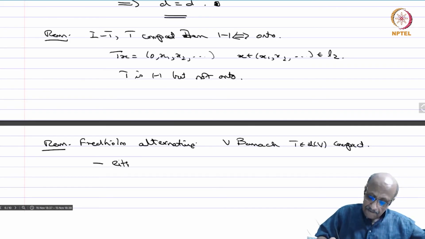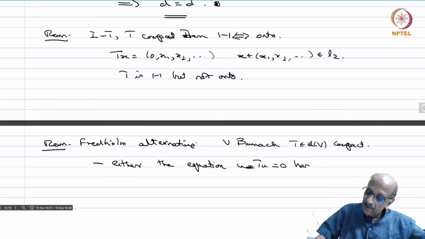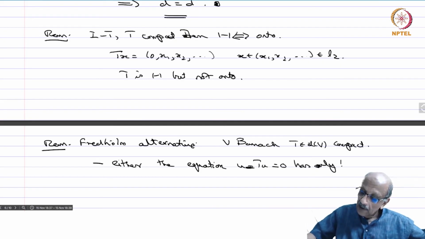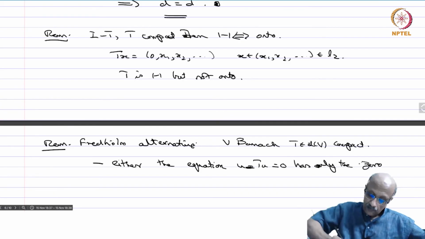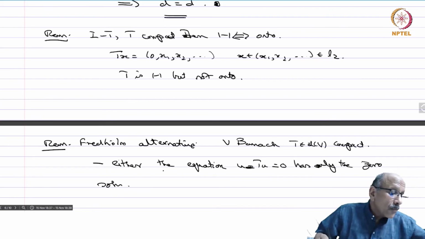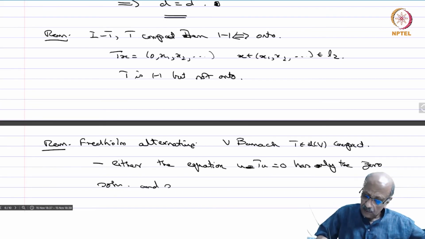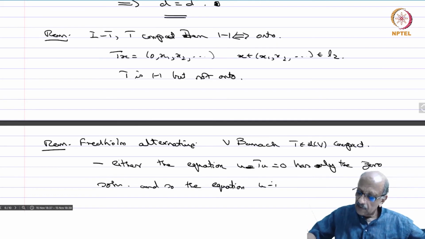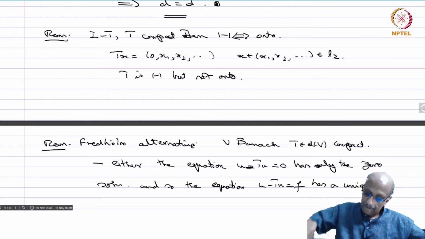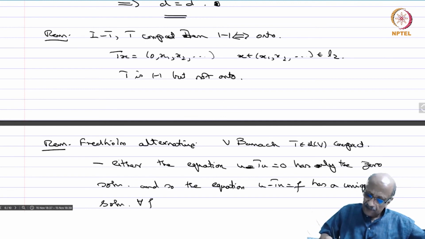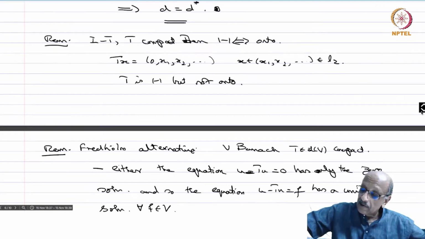Either the equation u minus Tu equal to 0 has only the 0 solution, and so the equation u minus Tu equal to f has a unique solution for every f in V. Okay, so this is one alternative.